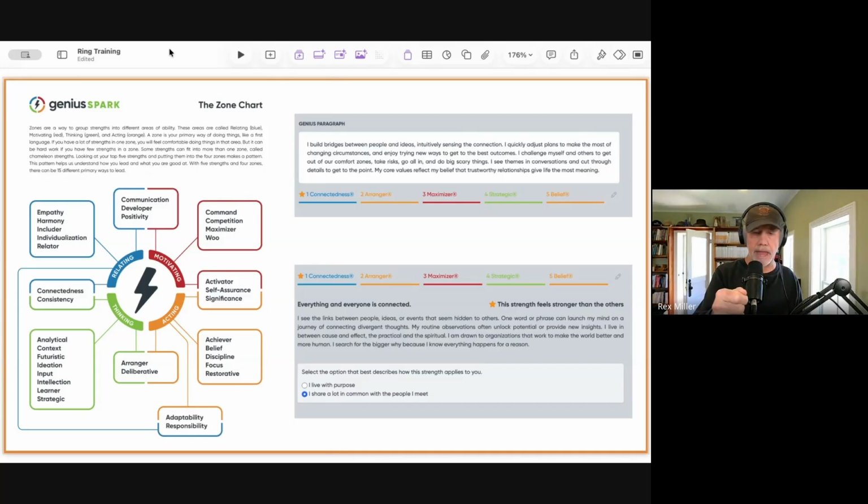We can see that activator, self-assurance, and significance can be in the motivating range, because the energy of those strengths or the confidence of those strengths influence other people. But what Core Clarity says behind them is that the activator has this internal sense of urgency. So what's being activated is the urge to get something started.